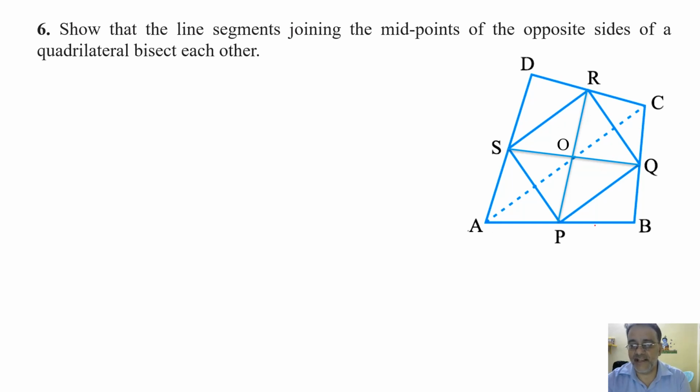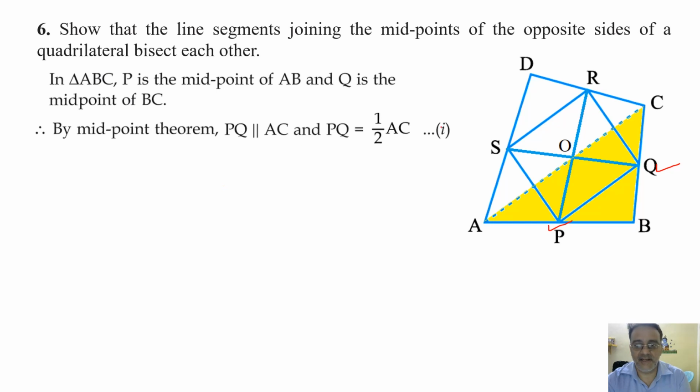Now in triangle ABC, first we will prove PQRS is a parallelogram, which we did in the previous questions, exactly the same. In triangle ABC, P is the midpoint of AB and Q is the midpoint of CB. So PQ is parallel to AC and half of AC. Let it be equation number 1. Now we'll take triangle ADC.